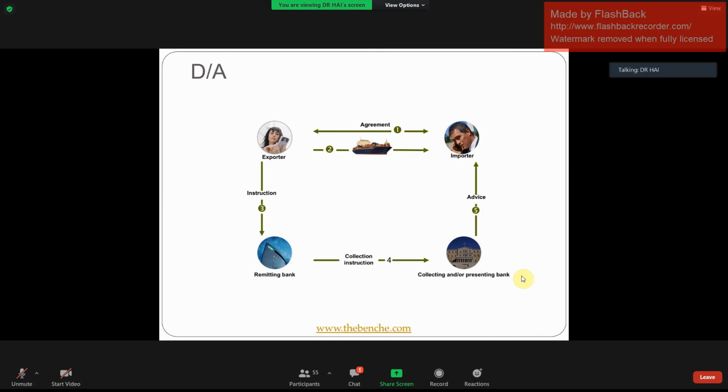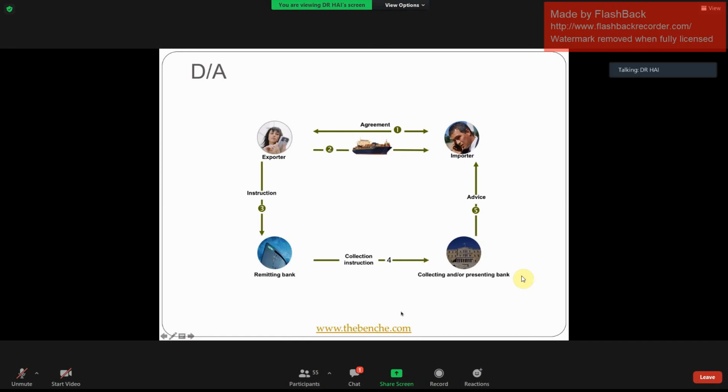Okay, I agree with you that if the transaction stops at step number 5, the exporter faces the risk. I agree with you on that first point. Write down, please. The second party who faces the risk is the remitting bank.